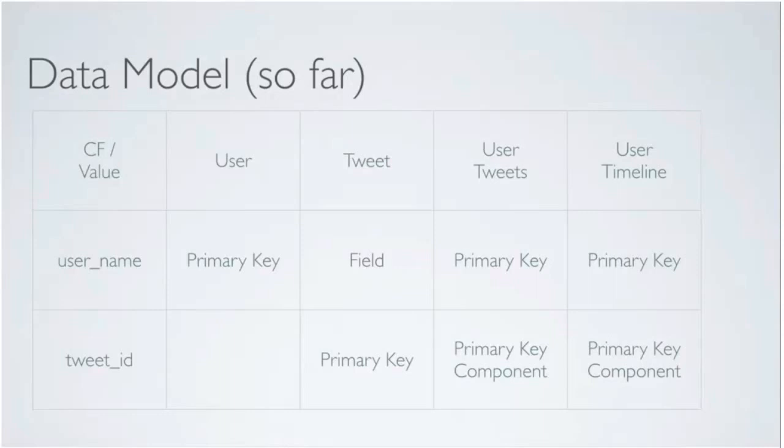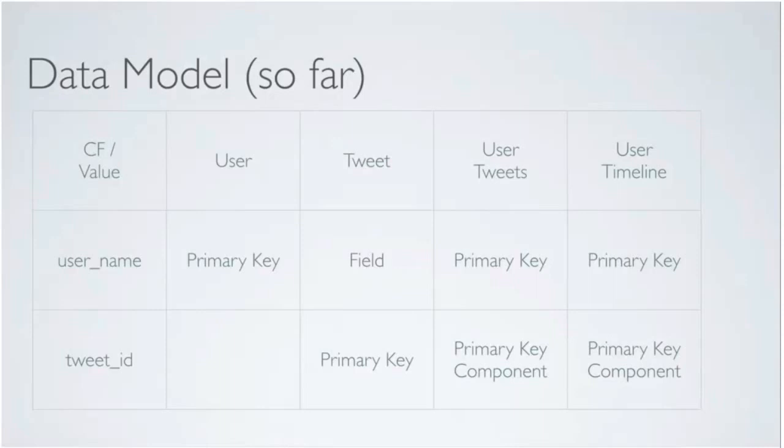We can see that we've added user tweets and user timeline, and in both of these, the username is still the primary key, and the tweet ID is a component of the primary key. So we're starting to get a feel that there are two entities in this application.